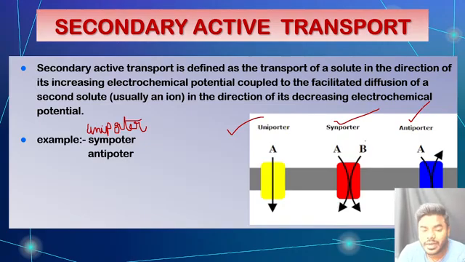We all commonly know very well what a uniporter is. I have told you many times. Movement of only one solute in one direction only. That is exactly what we call the uniporter.